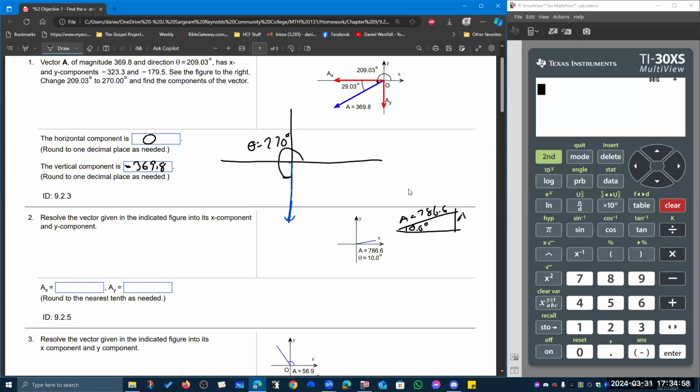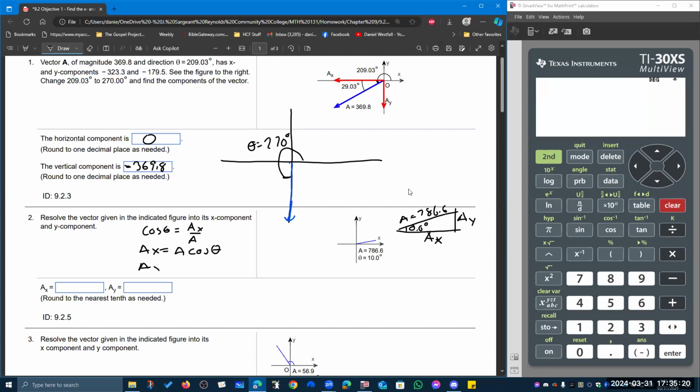We're going to call this side A sub y and this side A sub x. We're going to use trigonometry to say that because cosine of theta is equal to a sub x over a, a sub x is going to be equal to a cosine of theta.